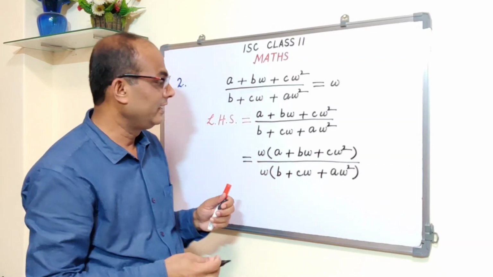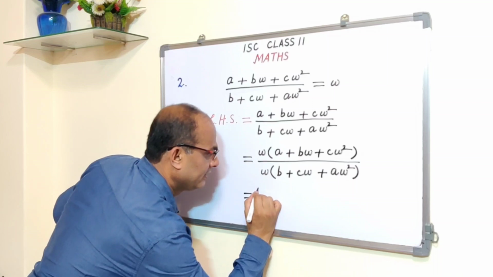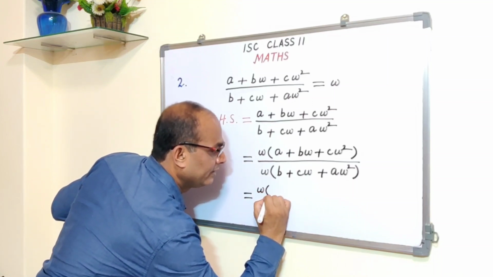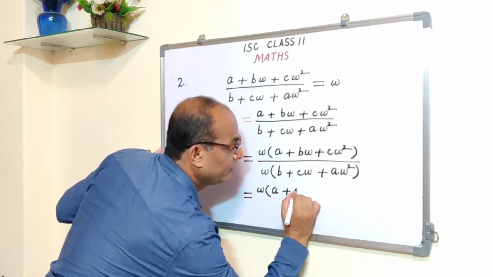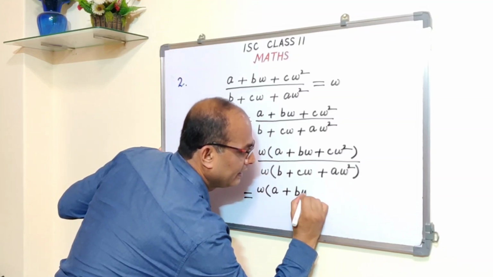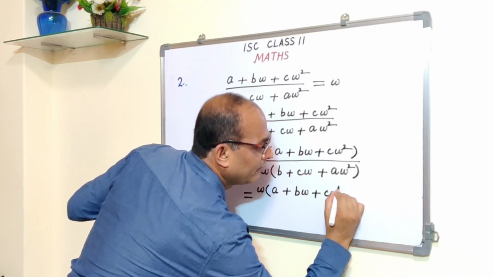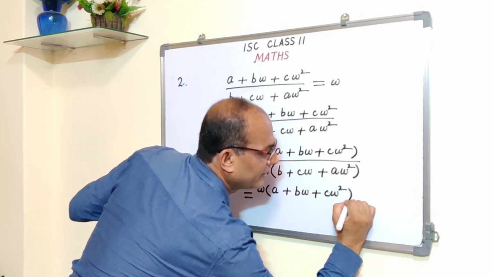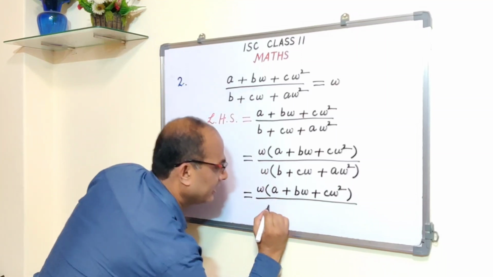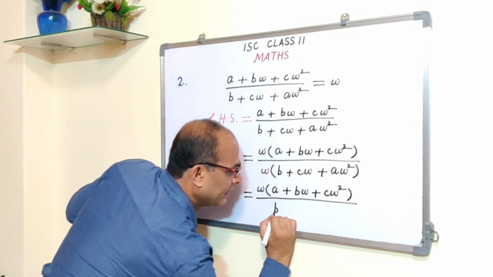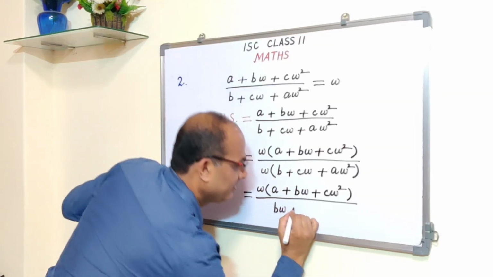Very easy, fine. So let's multiply. We can write down this as omega outside, and the numerator we are not going to change, so we write as it is, A plus B omega plus C omega square, bracket is closed and whole divided by, now we are multiplying, so B omega times omega, you get C omega square.